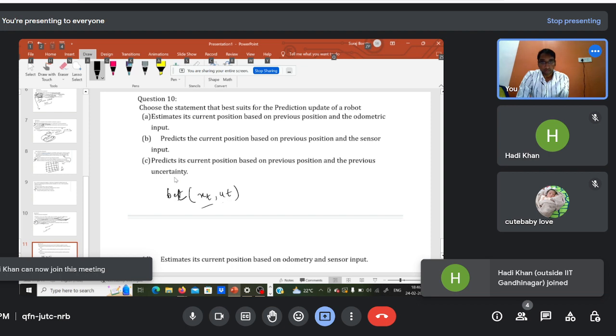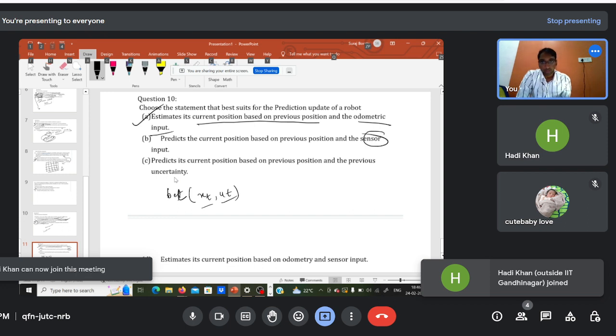We need the previous position and the command, this odometric input. So this is right.